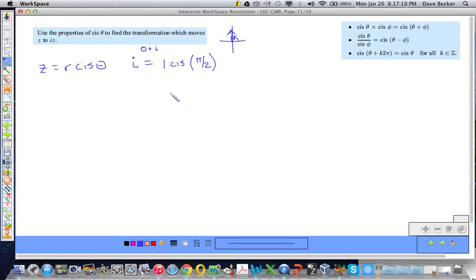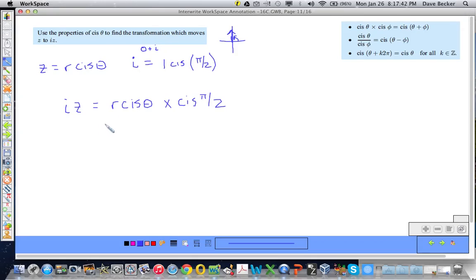Then iz would be equal to r cis theta times cis pi over 2, or zi, however you want to think about it.